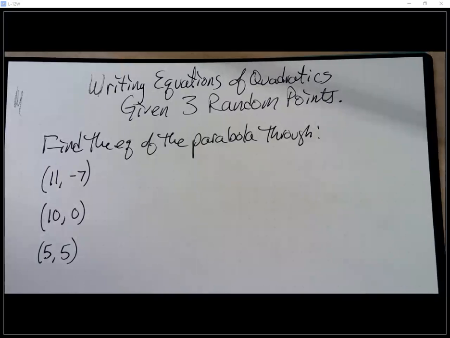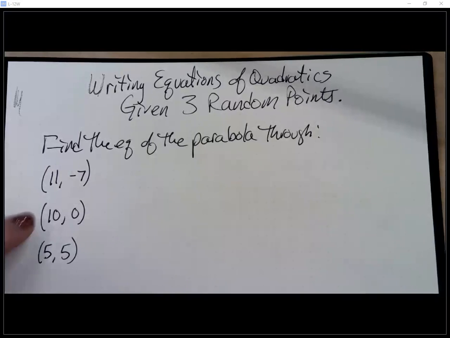Now, it is true that this one just so happens to be one x-intercept, but I don't know what the other one is, so I can't really do very much with it. And I don't know if any of these are a vertex. I don't really know anything.